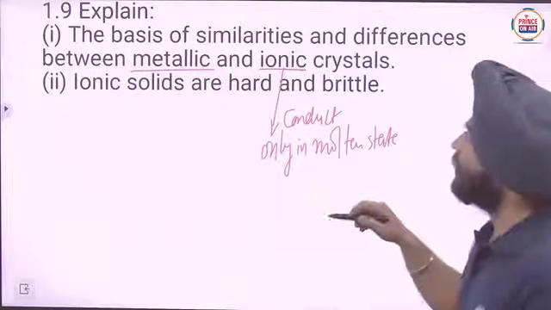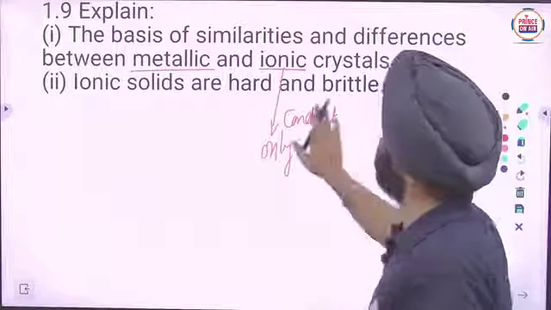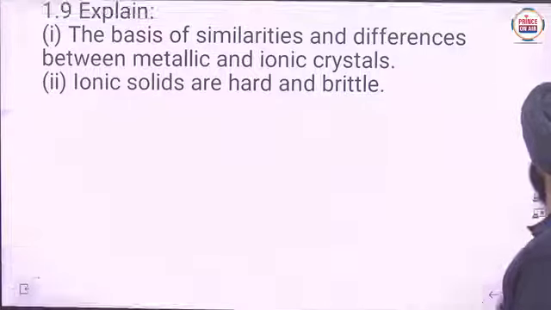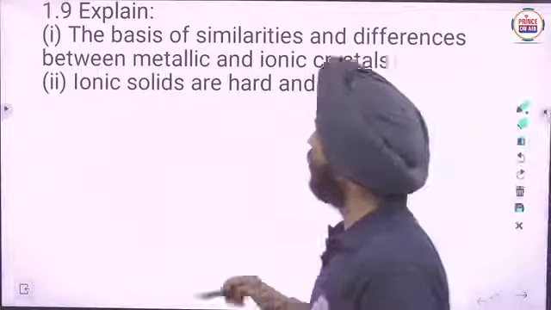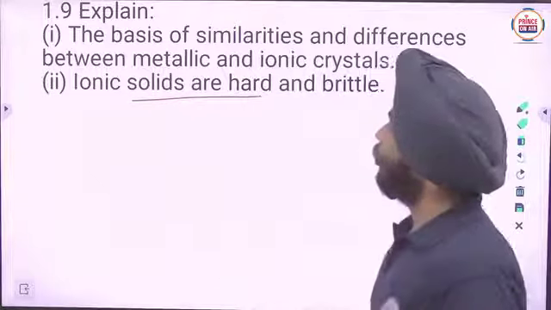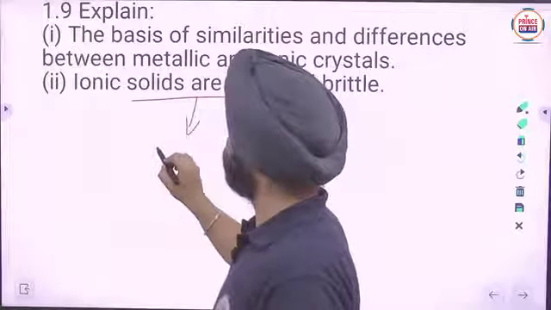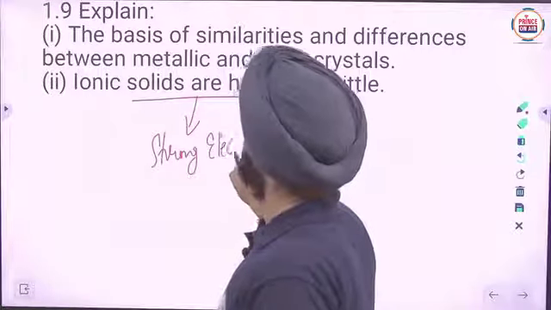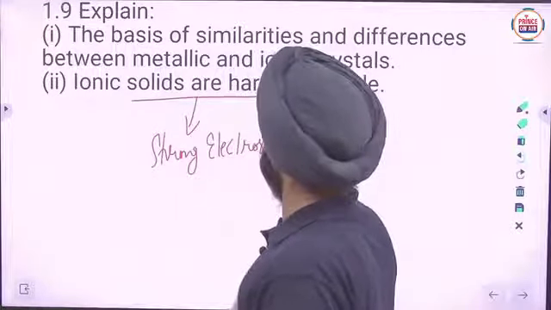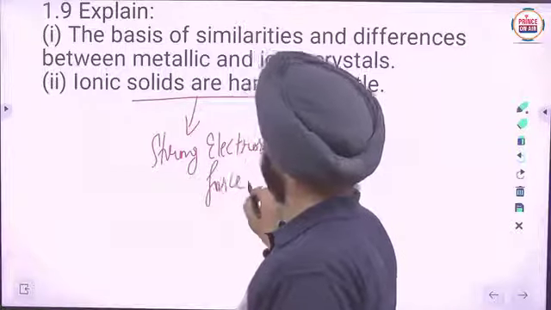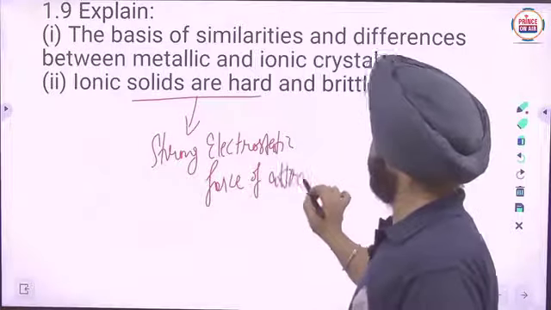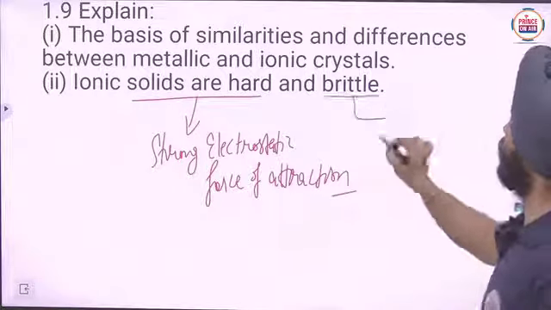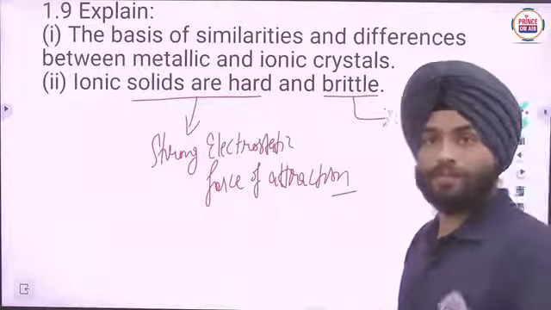Next is, ionic solids are hard and brittle, that we have to explain here. Ionic solids are hard because of the strong electrostatic force of attraction. And why are they brittle?